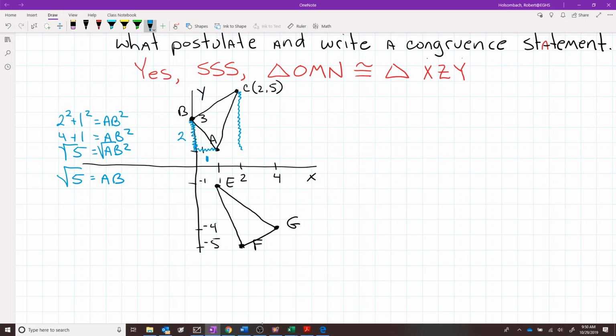So if you put a vertical piece in and a horizontal piece, your vertical change here goes from 5 down to 1, so that side is 4. Your horizontal change goes from 1 to 2, so that side is 1. So 1 squared plus 4 squared equals AC squared.